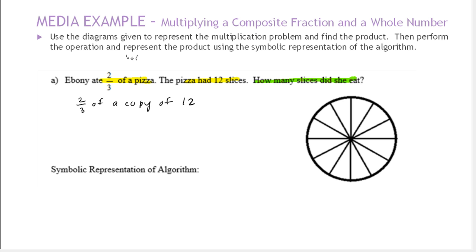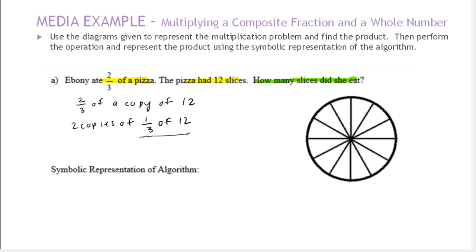Now remember, 2/3 of a copy of 12 is 2 copies of 1/3 of 12. We already learned how to find 1/3 of 12. Finding 1/3 of 12 was equivalent to dividing the 12 by 3 and getting 4.